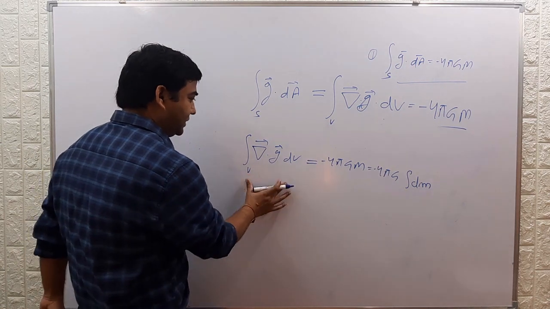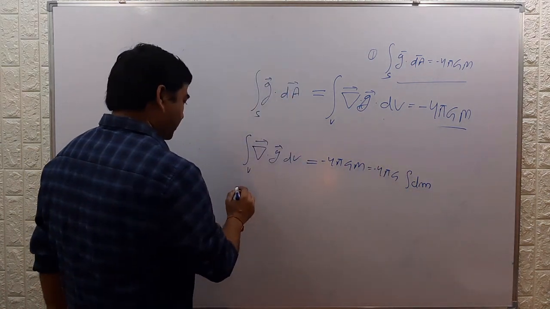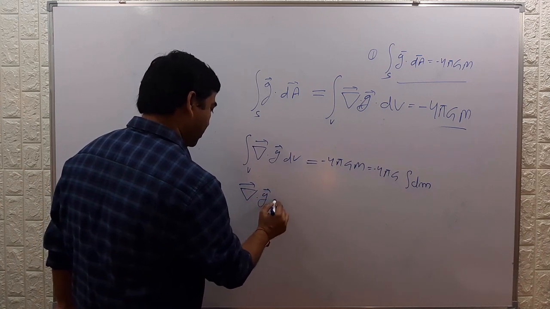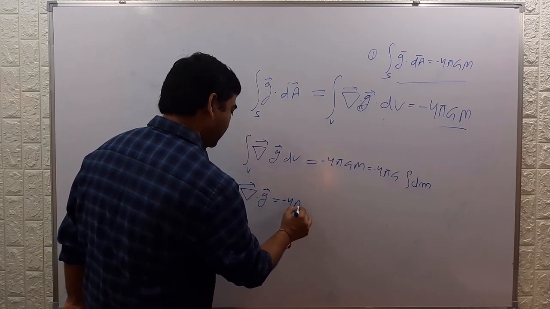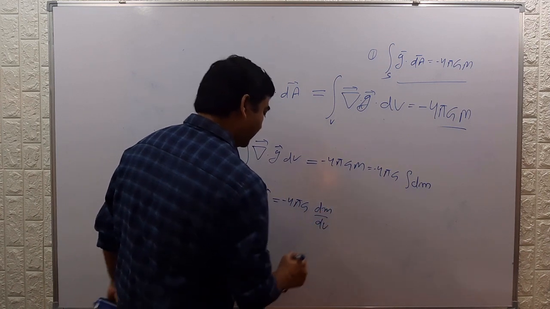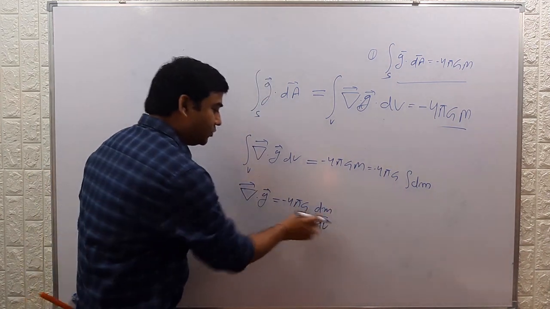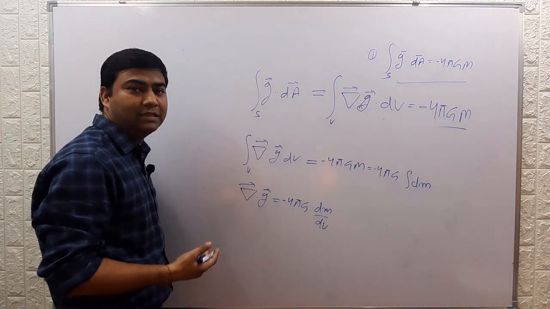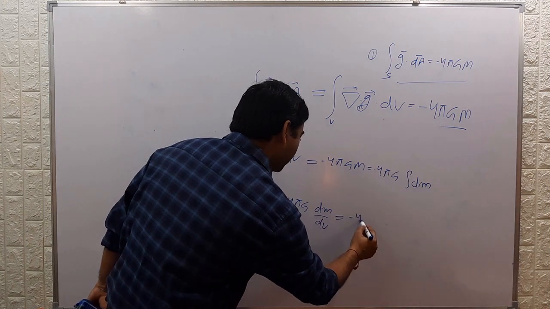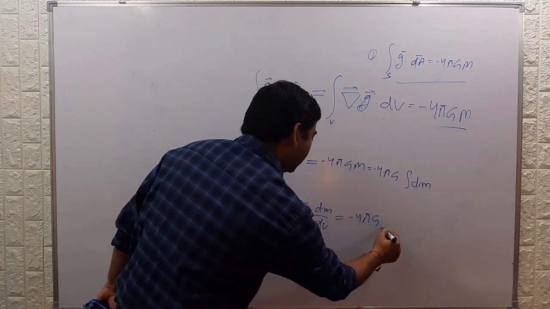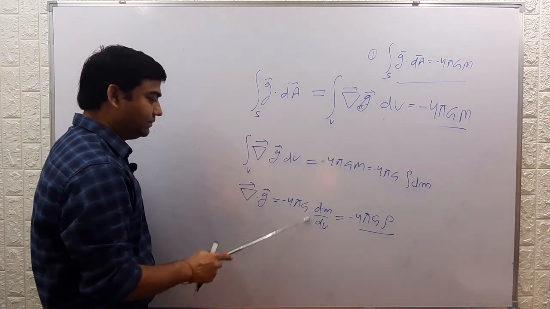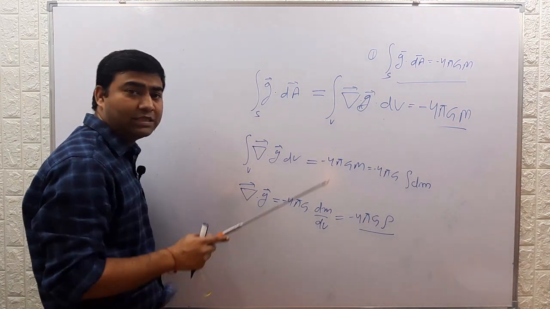When you compare this with this, what do you get? Divergence at a point is equal to minus 4 pi G dm over dv. This dm over dv is nothing but the density at a particular point. This is minus 4 pi G rho, where rho is dm by dv, the density at a point.